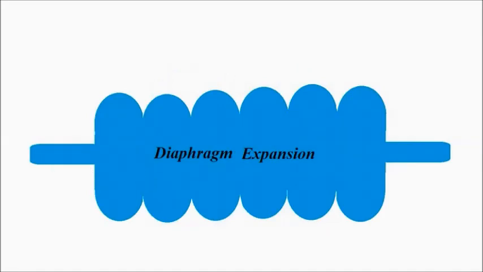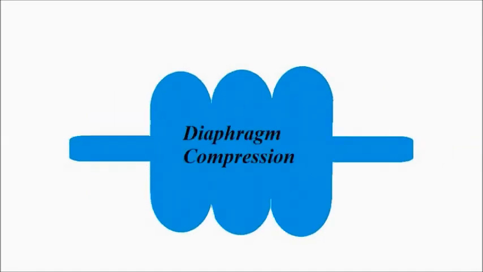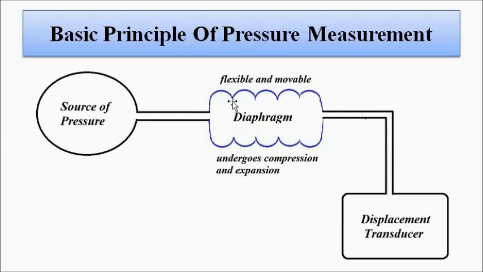Okay, it undergoes expansion and compression. So when it undergoes expansion and compression, the other end, which is connected to the displacement transducer, it causes movement in the sensing element of the displacement transducer, and that movement is measured by the displacement transducer.